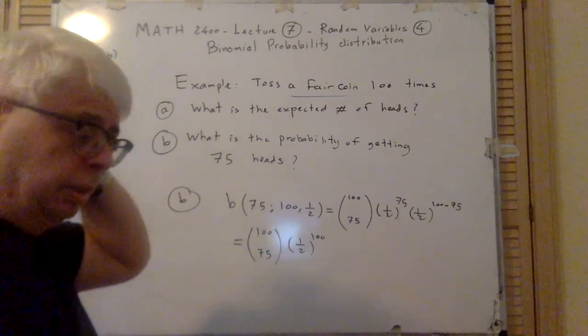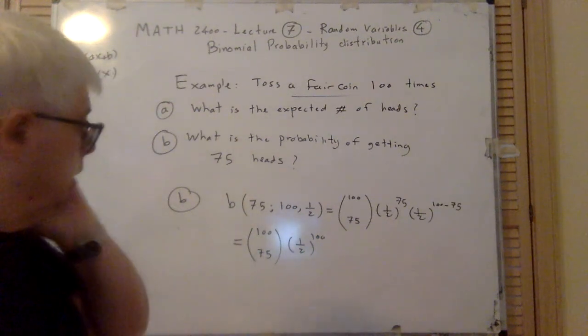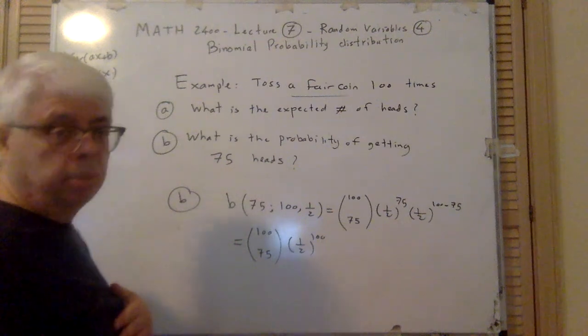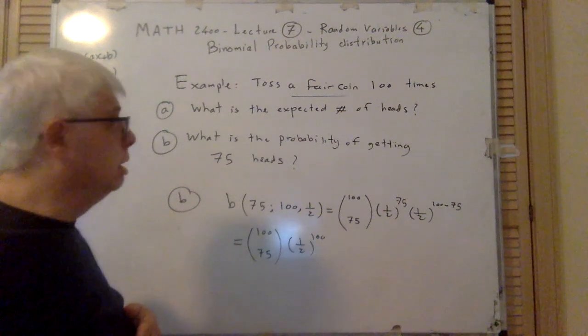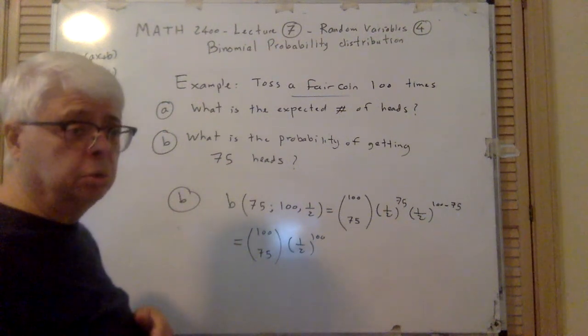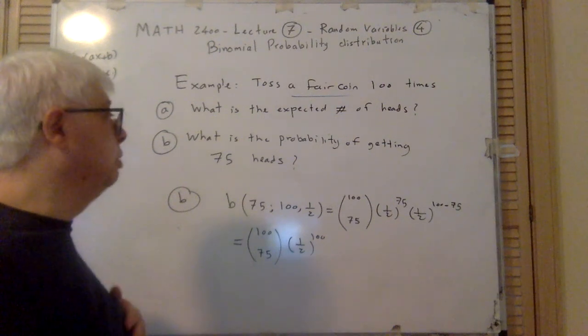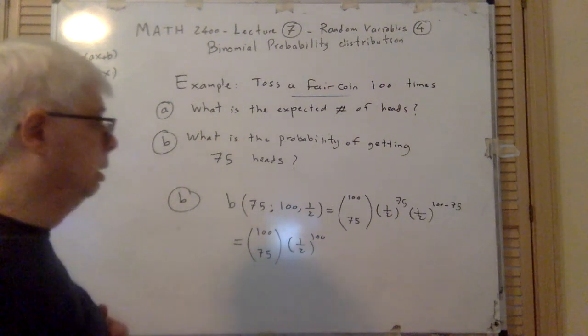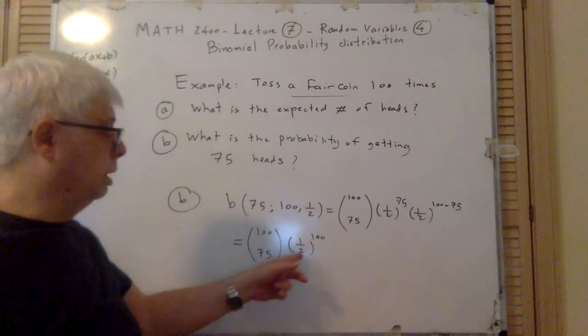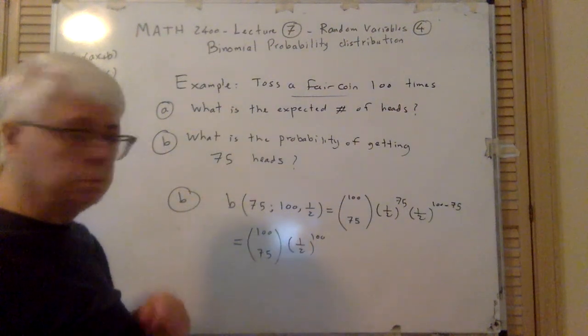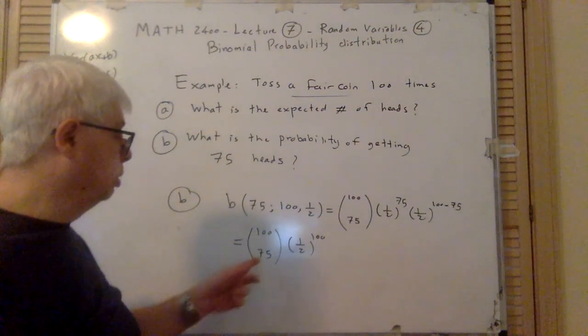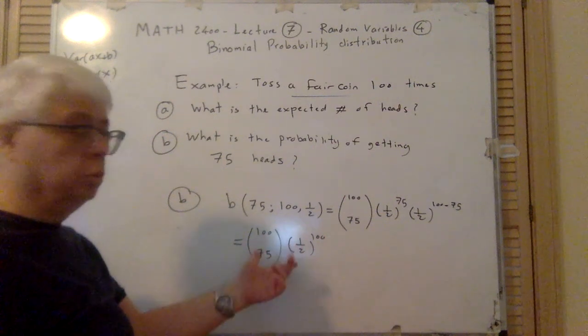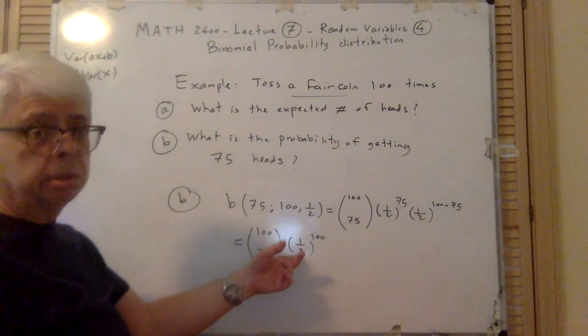Well, you can guess that this shouldn't be a large number. 75 heads in 100 is a lot. You would have to be very lucky to get 75 out of 100. You can see that this is 0.5 to the power 100. Just do it on your calculator, but you have to do it together, otherwise you will get 0 here.